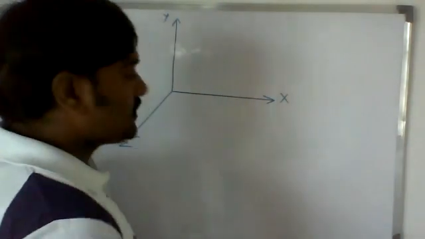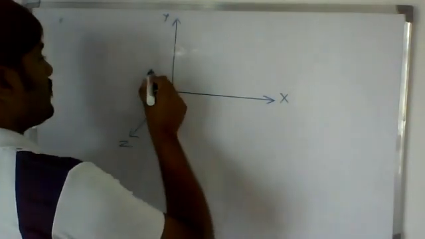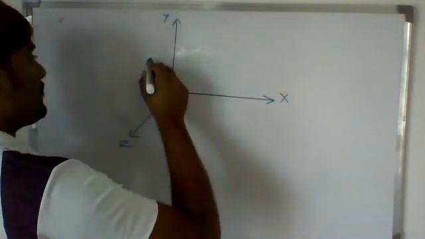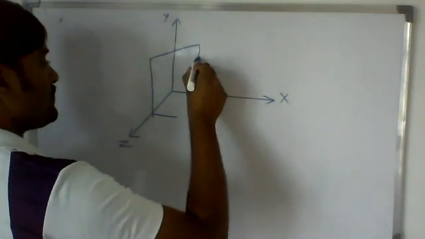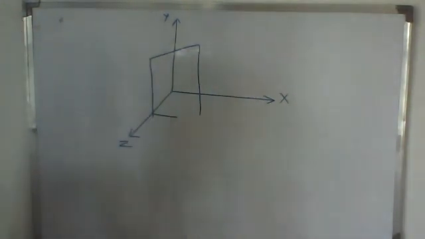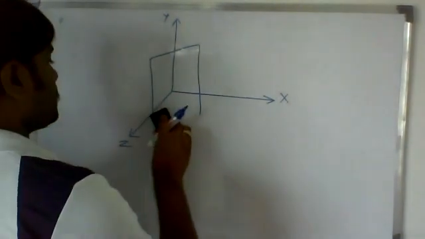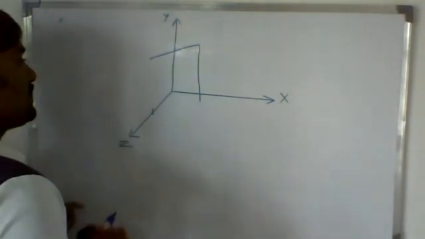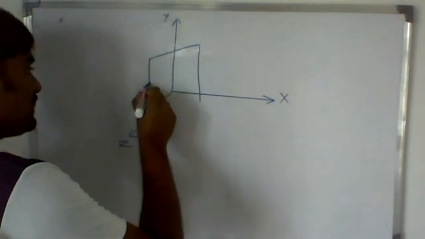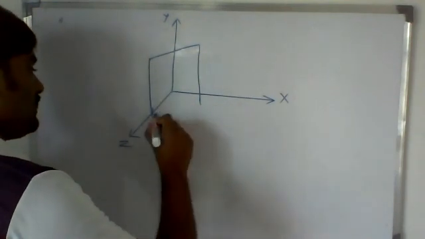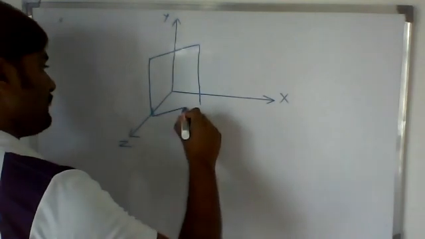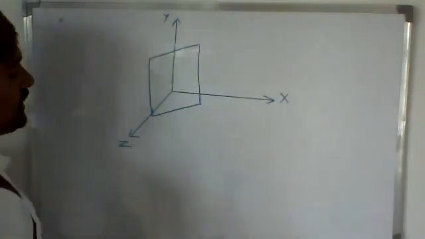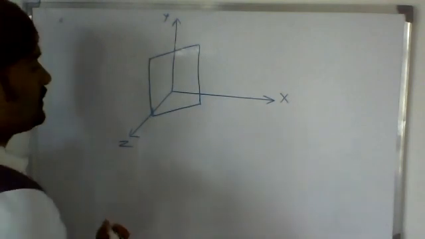X, Y, Z, those are Cartesian coordinates. Now we can consider a plane sheet. This is a uniformly charged plane sheet. It is placed in the YZ plane.